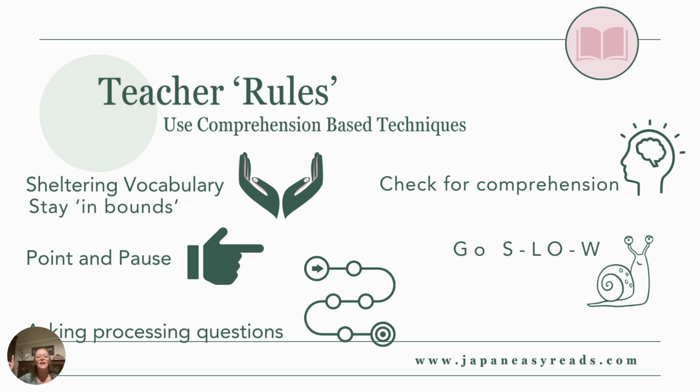What that means is pointing to the word that you have up on the targeted language that you've got up on the board, or the question words, so that you're giving processing time to each of the students. So pointing as you're asking the questions, staying in Japanese the whole time. Pointing and pausing is a really, really effective communication technique, CI technique.